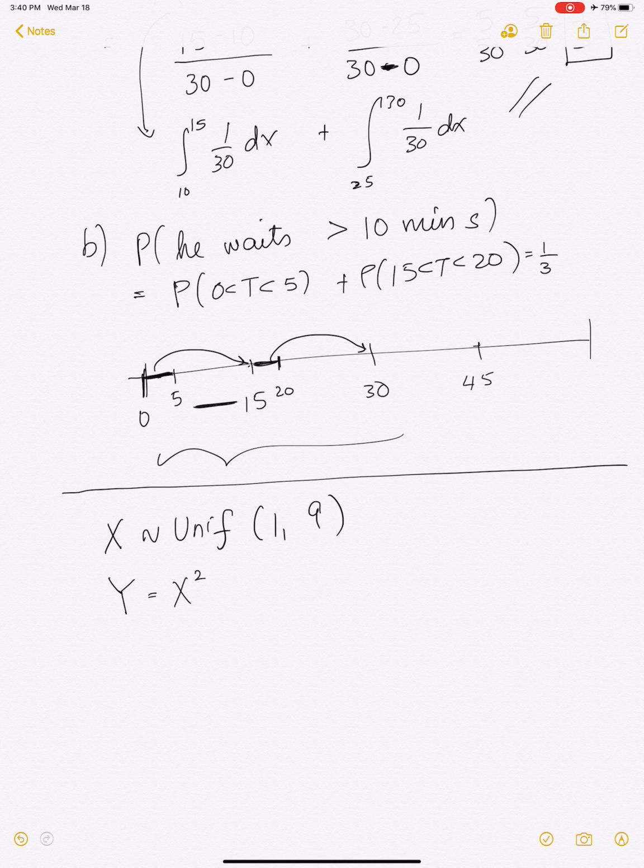Okay, so let's suppose you're a pizza maker and you're just very bad at rolling out the dough. And the radius of the pie you make is uniformly distributed between, this is not realistic, of course, 1 foot and 9 feet.